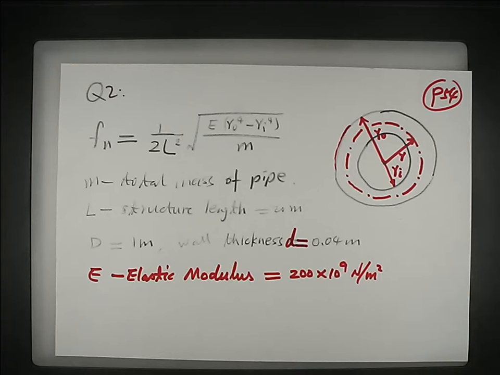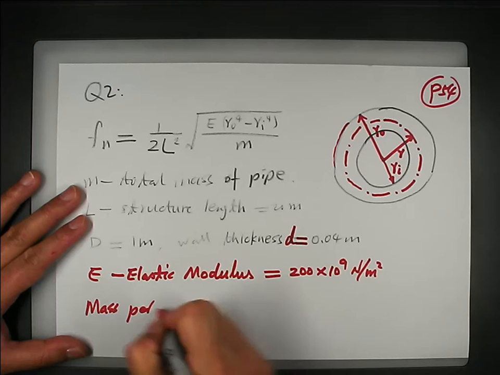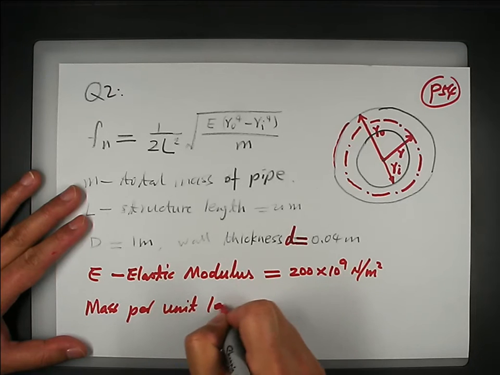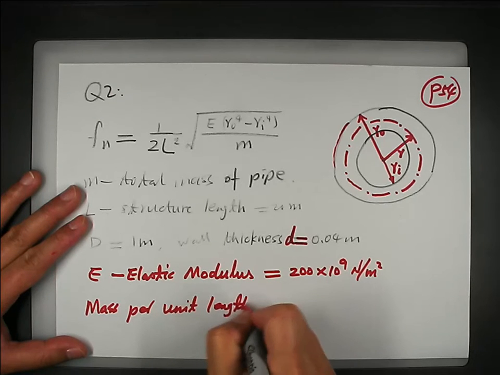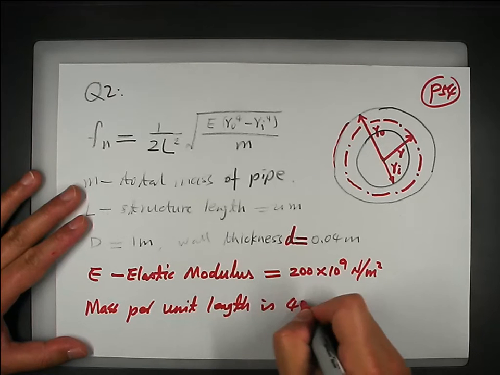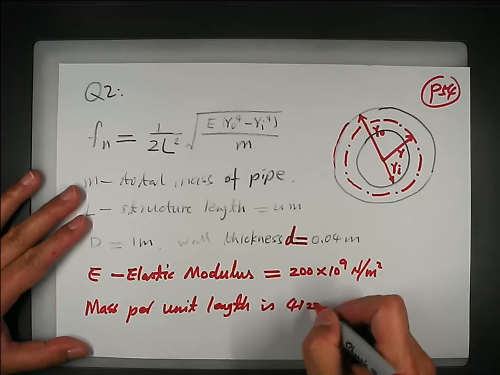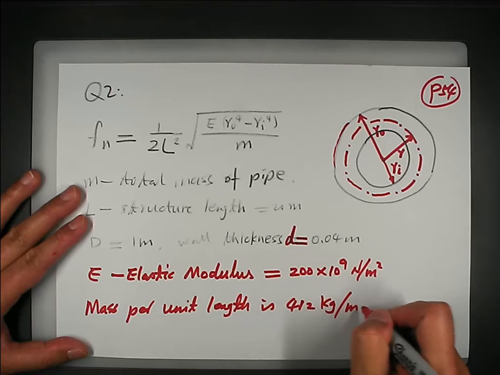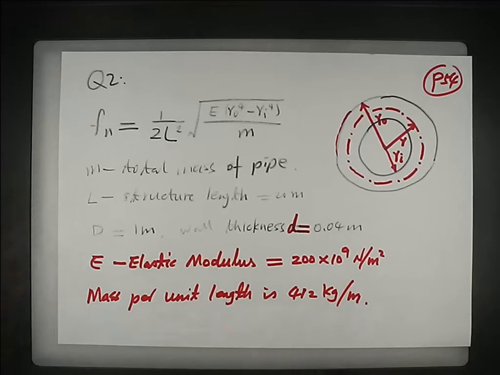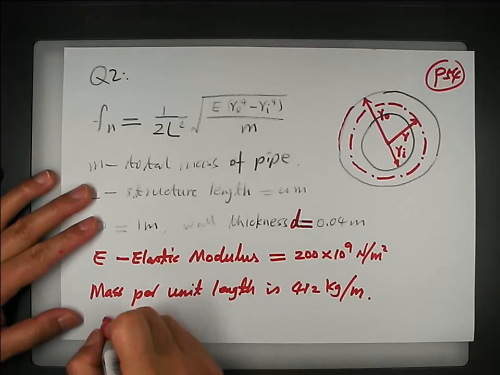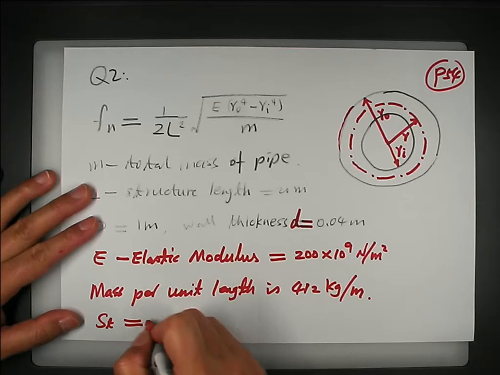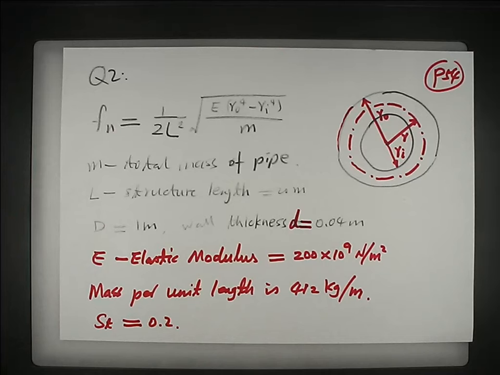And the mass per unit length is 412 kilogram per meter. For the Strouhal number, we assume a subcritical flow state. So Strouhal number is equal to 0.2.